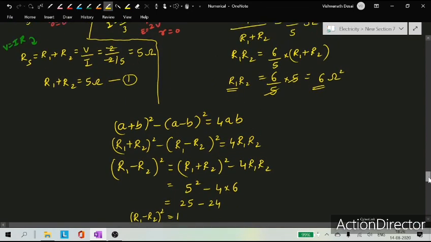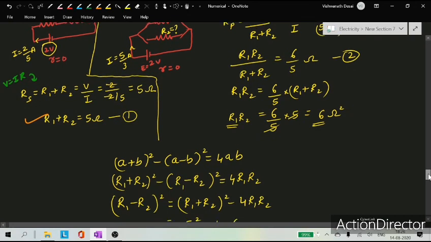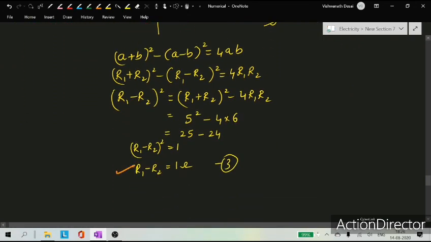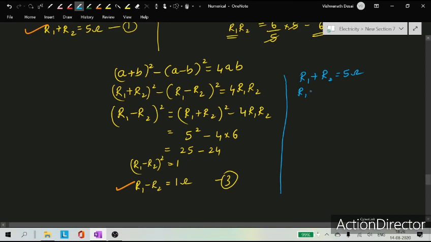So now if you have a look at this problem, we have equation 1, R1 plus R2, and equation 3, R1 minus R2. These two linear equations I can solve to calculate R1 and R2. That's what they are asking. So R1 plus R2 from equation 1 is 5 ohm, and R1 minus R2 from equation 3 is 1.